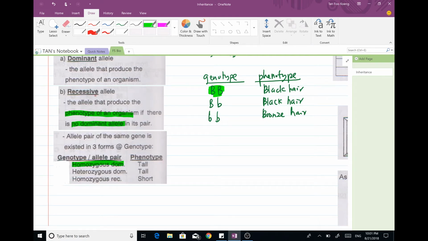If I say that an organism is homozygous recessive, then we know for sure that the genotype must consist of 2 recessive alleles. If it is heterozygous, we don't have this term known as heterozygous dominant. We just say heterozygous. If an organism is heterozygous, then we know that the genotype must be this.